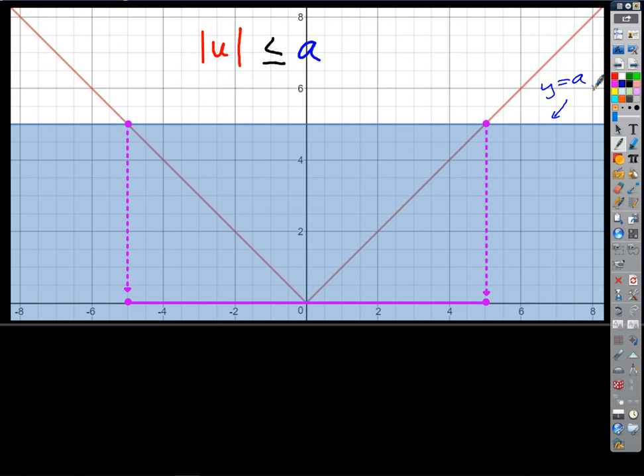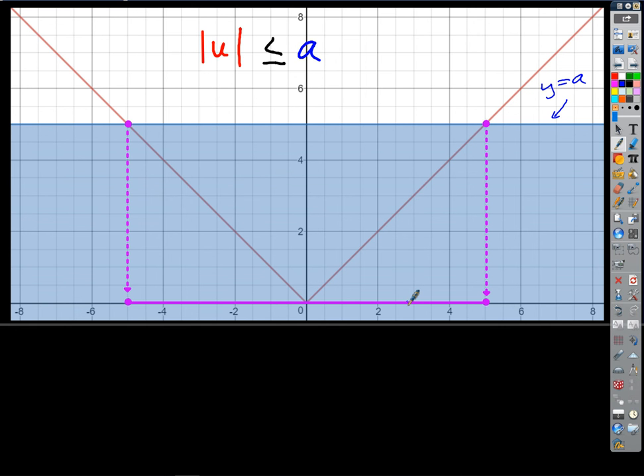We're trying to solve for x in these equations, so we want to know what's the interval of x values where the red v intersects with the region below the line y equals a. Does it make sense that it's everywhere between that point and that point? Yes. Everybody agree? So if I were to take that part of the v and squeeze it onto the x-axis, wouldn't I get that interval right there?